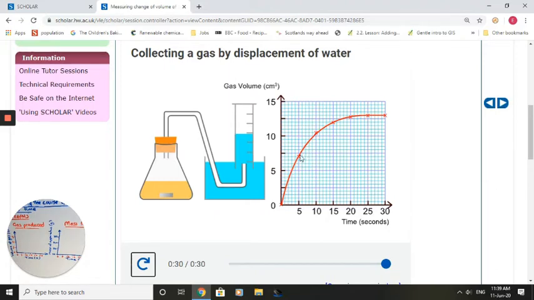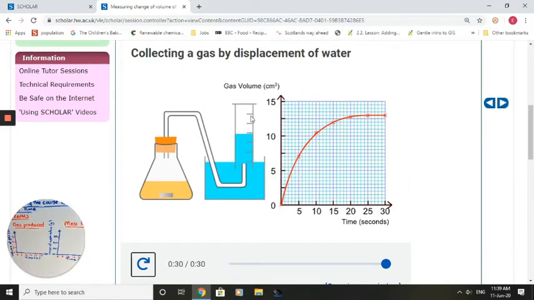So we had 7 produced in the first 5 seconds, but then in the next 5 seconds, we can see that the line doesn't go up as much as it did in the first 5 seconds. And then again, as time goes on, the amount of gas produced in the next 5 seconds each time decreases a little bit.